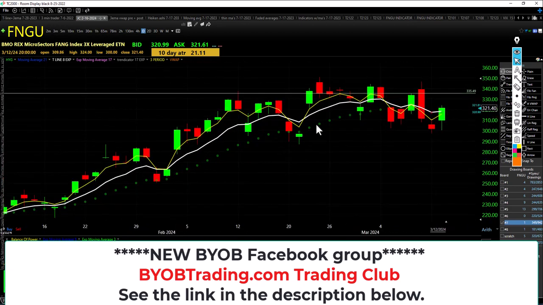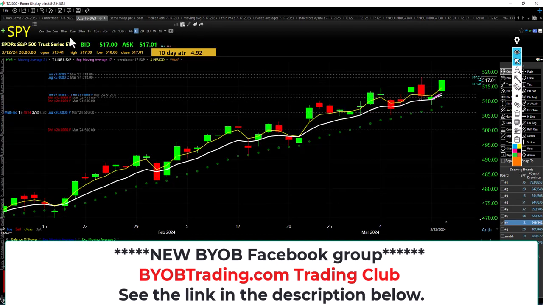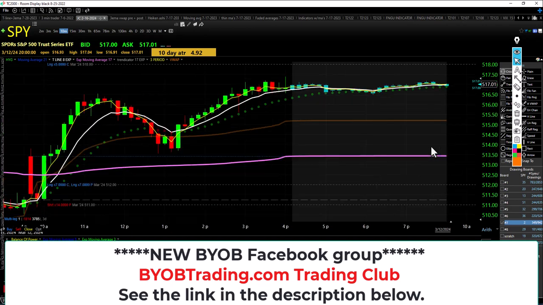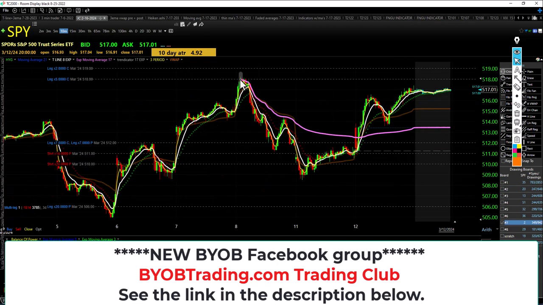So for today's trade, what did we take? We took SPY. All right, so my favorite trade is a 10-minute chart, and I used my anchored VWAP. This is where I put everything together that I learned. I take the FNGU, I take my anchored VWAP, I planted it on the all-time high up here.